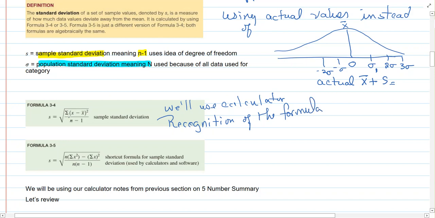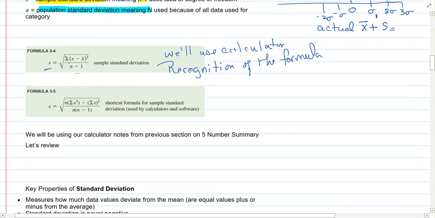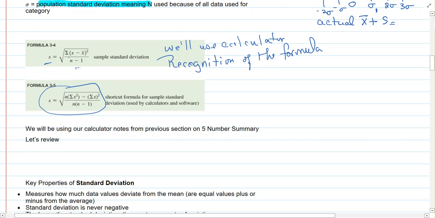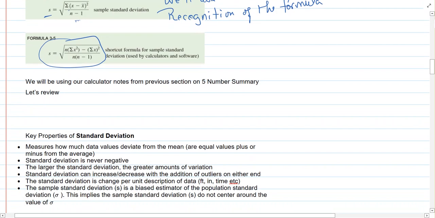It says the sum of the changes of the data minus the mean squared, divided by n minus 1, less than the sample size, because this is a sample standard deviation. And of course they have an alternate, and all this is depending on what kind of calculator you have. This is a much easier form if I were doing it by hand.